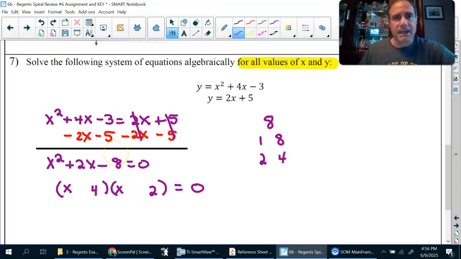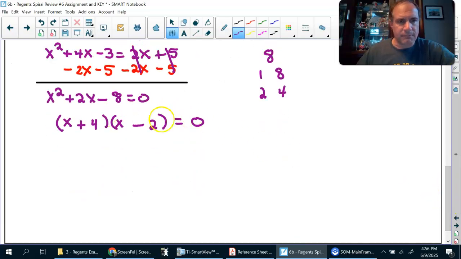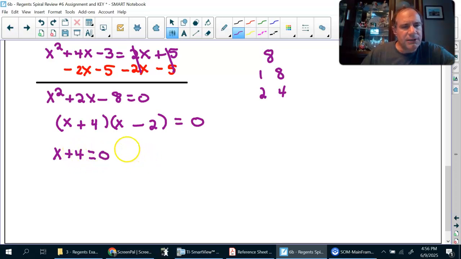To multiply to a negative, one has to be positive, the other has to be negative. But to add to a positive 2, it would have to be 4 minus 2. And that is what works out. 4 times negative 2 is negative 8. 4 minus 2 is 2. So now we have x plus 4, and you set it equal to 0, and you set the other binomial equal to 0 as well.